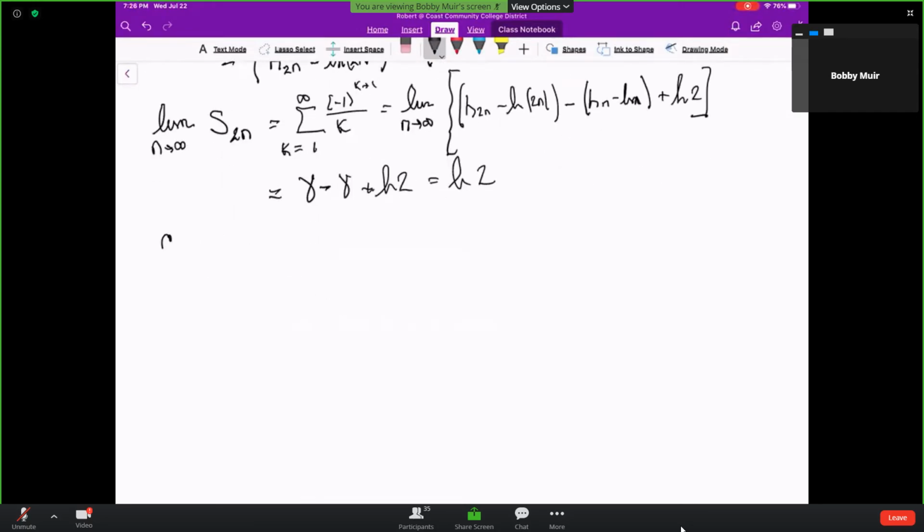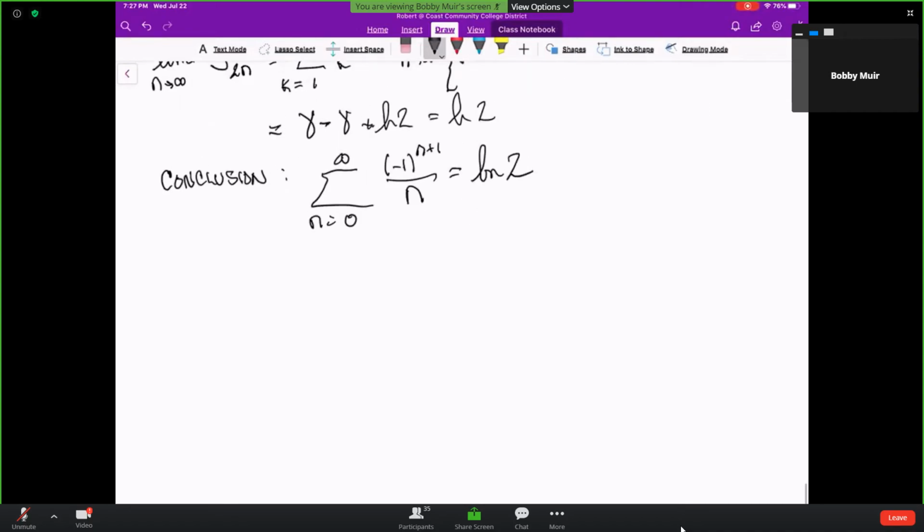So our conclusion here is this sum, the alternating harmonic series, adds up to the natural log of 2. So there's another one that we have been able to figure out.